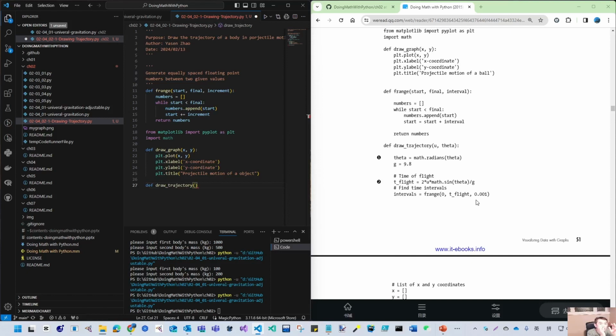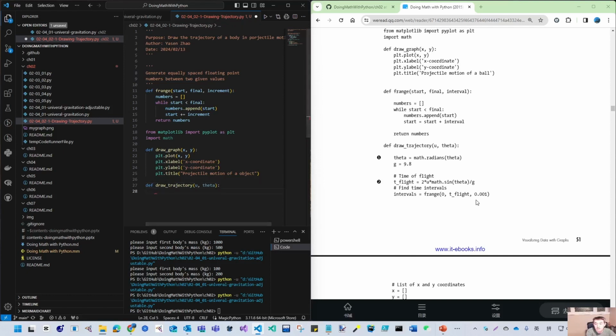When you draw this, you should have 2 inputs. As we analyzed in the formula, these 2 inputs are just the initial velocity, which is not in x and y but in one, and the angle, which is theta. All the rest of the results can be calculated from these 2 inputs.